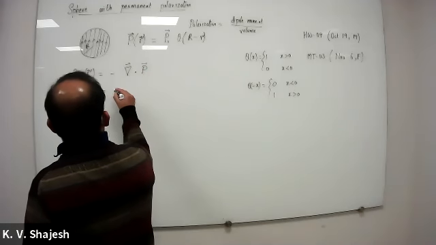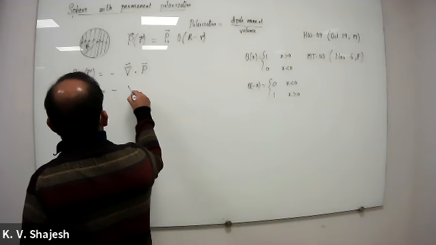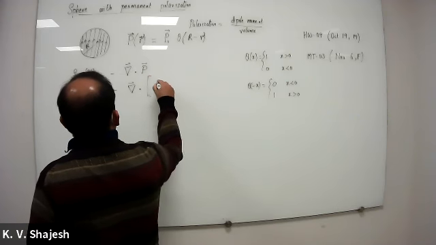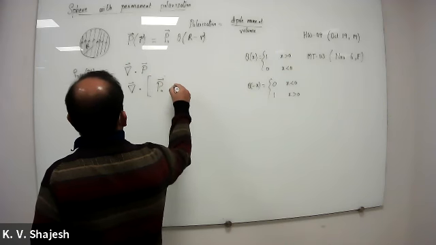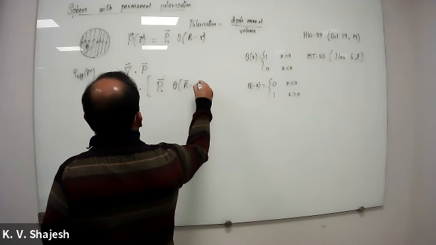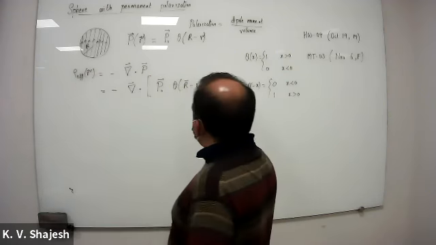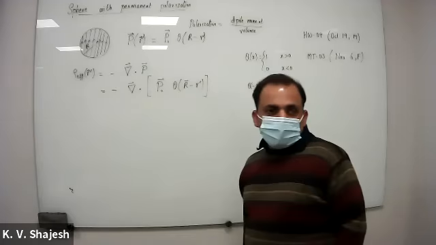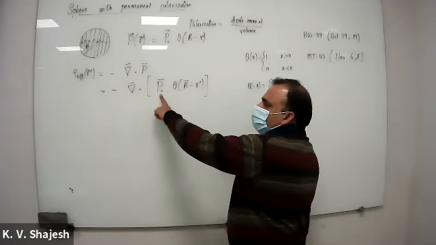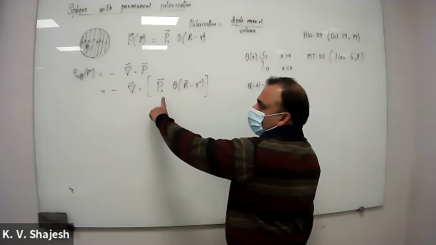So that's the same as minus the divergence of, we put this whole thing inside, so it's the step function of R minus R prime. This is a magnitude, that's not a vector. That's how you would act on it. This is a constant vector, so the gradient doesn't act on this.